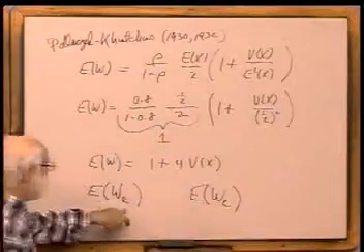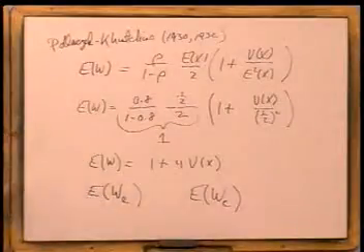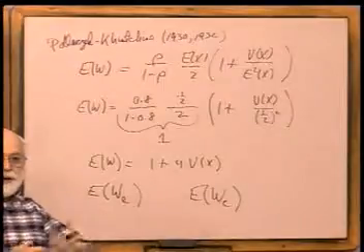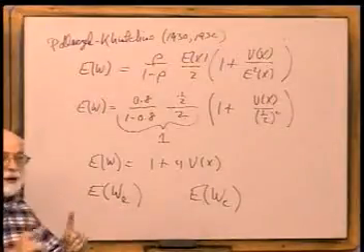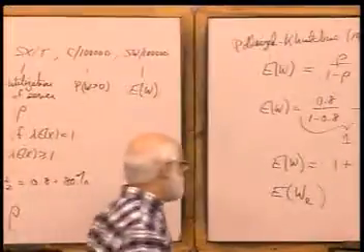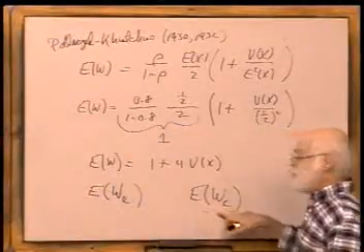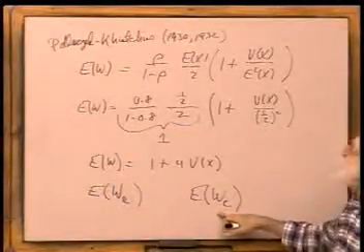Subscript E means exponential, subscript C means constant. So now I'm going to consider the same system, the same arrival process, everything's the same average service time. Both of them have the same utilization of the server, the same fraction of customers who wait in the queue, but in this case the service times are random, in this case they're constant. What's the difference between them?